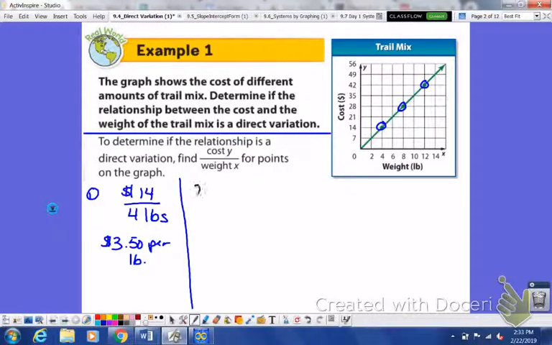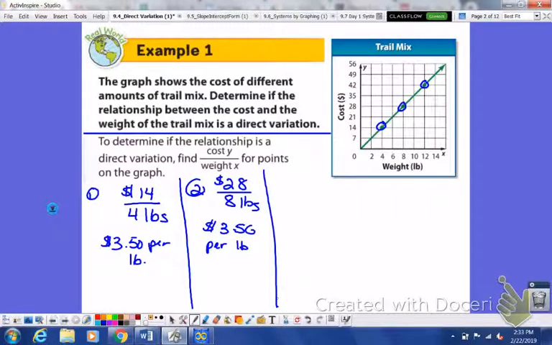We look at our next point. So we're over 8, up 28. So that gives us a y value of $28, an x value of 8 pounds. 28 divided by 8 still gives us $3.50 per pound.